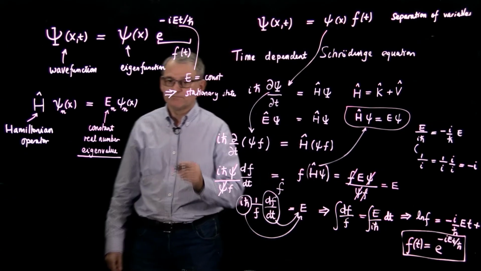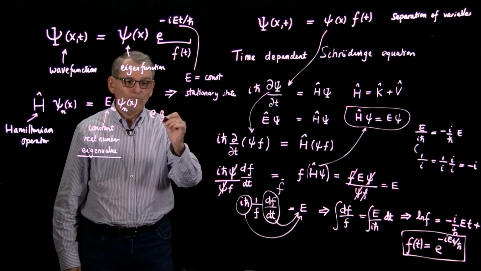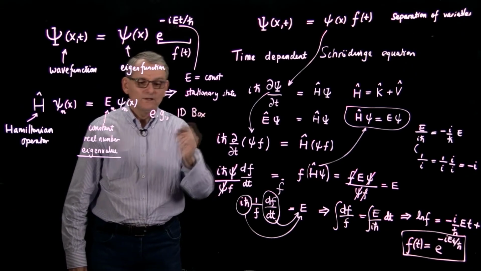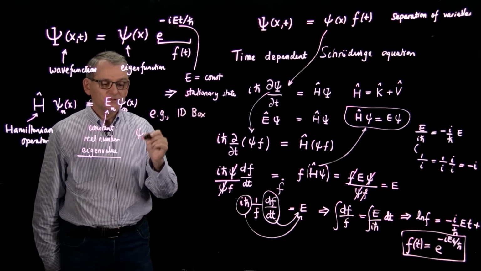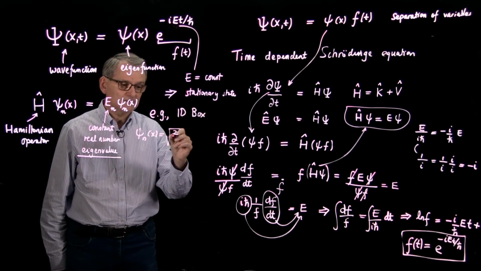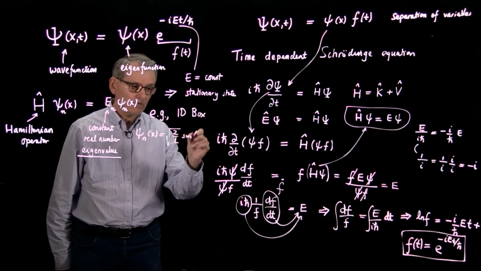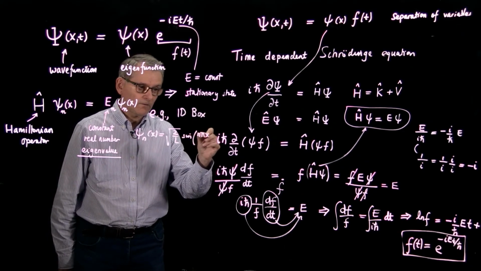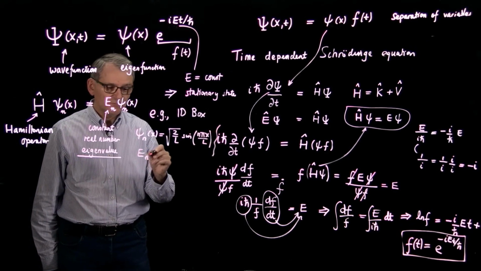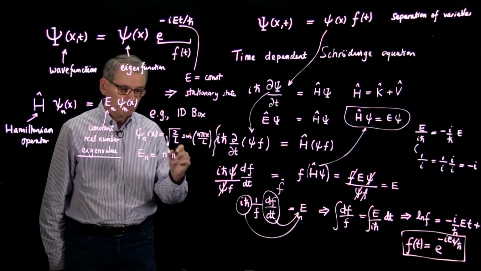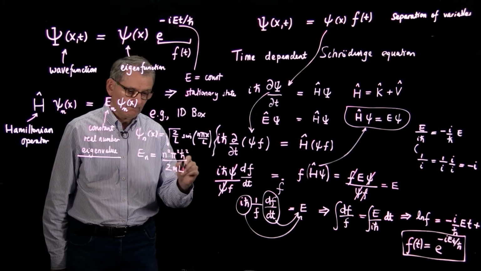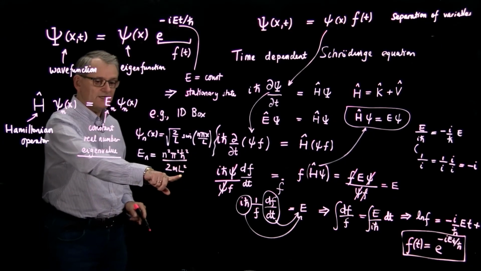So for example, if you're dealing with a particle in a one-dimensional box, then we know from first year that the eigenfunctions are given by this, and the eigenvalues are given by this, where L is the size of the box.